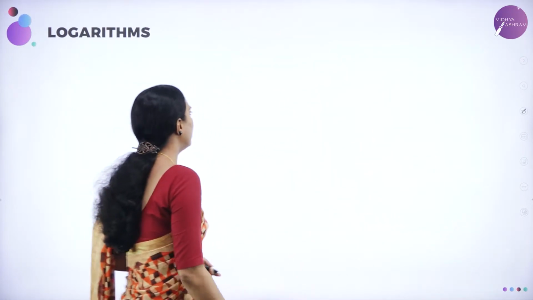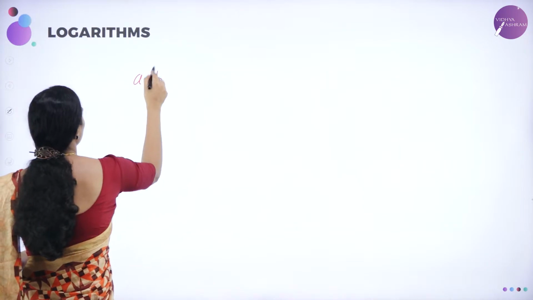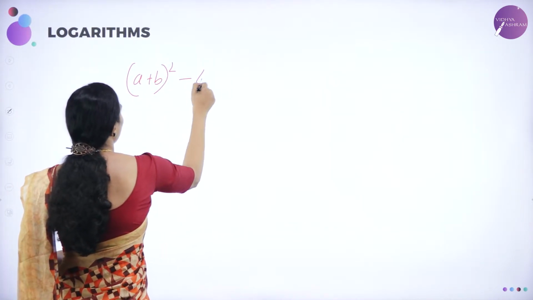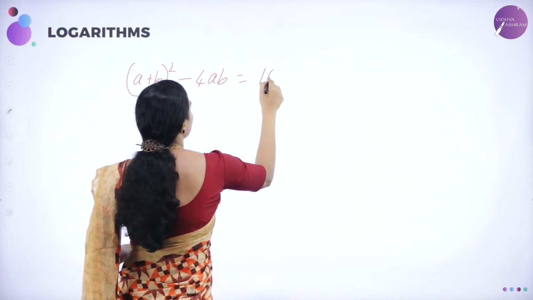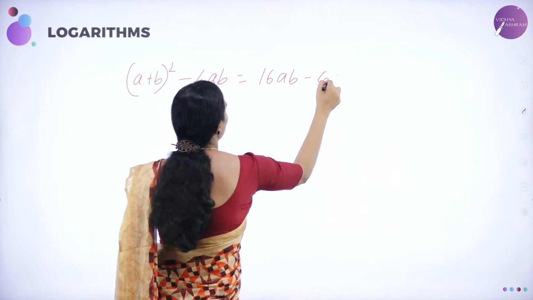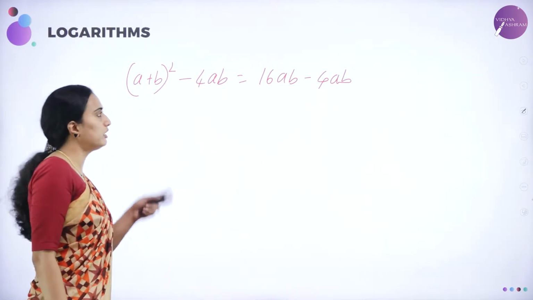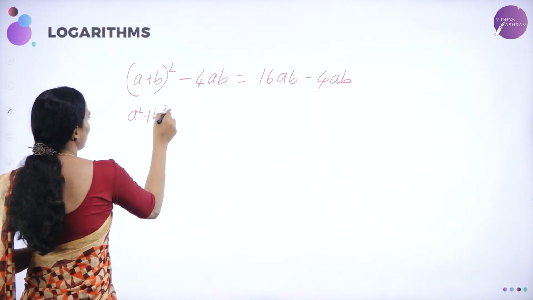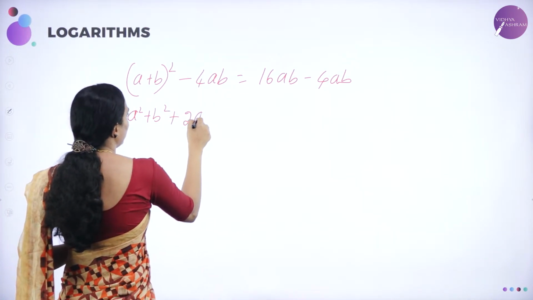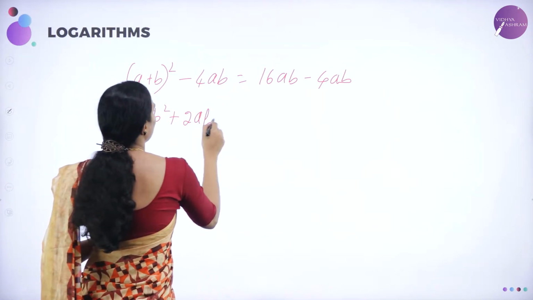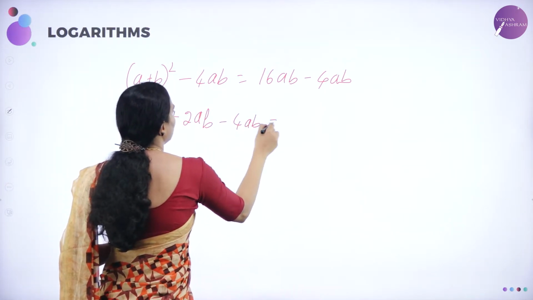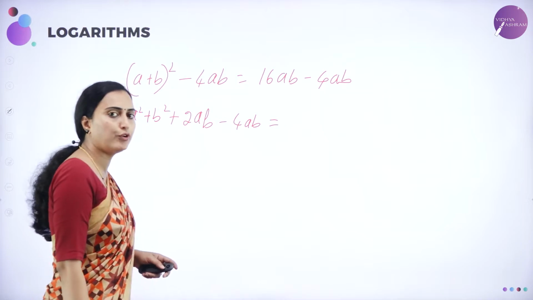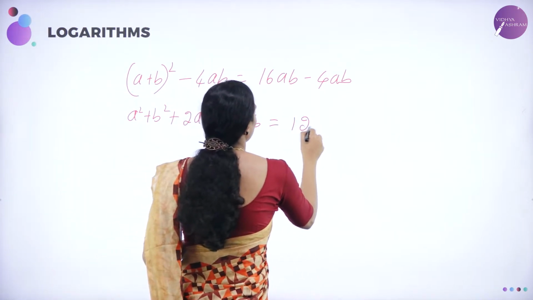So what are you going to get as the answer? (a plus b) whole squared minus 4ab is equal to 16ab minus 4ab, isn't it? Let me expand this one. What are you going to get? a squared plus b squared plus 2ab minus 4ab is equal to 16ab minus 4ab, which is 12ab.